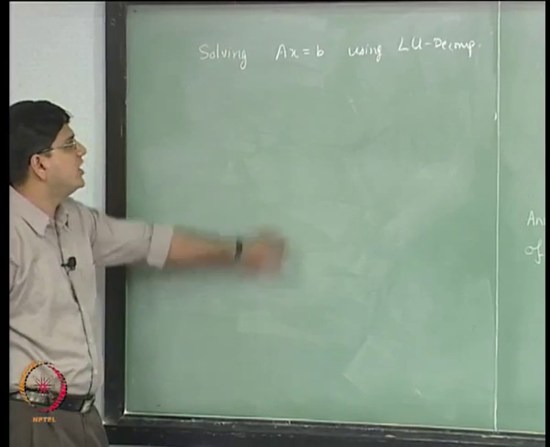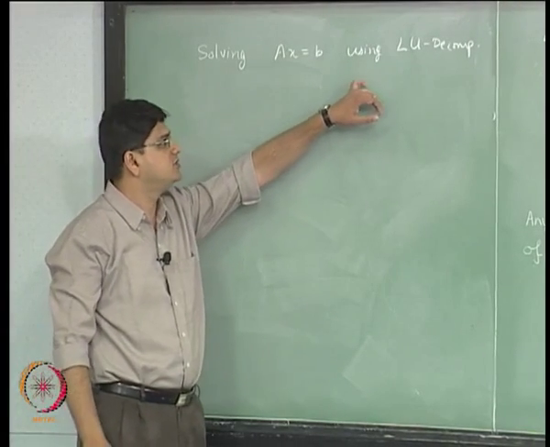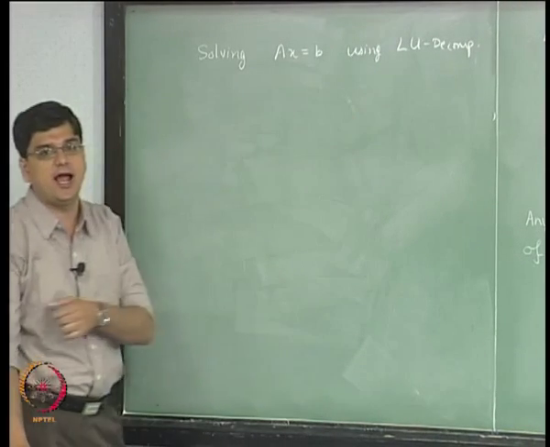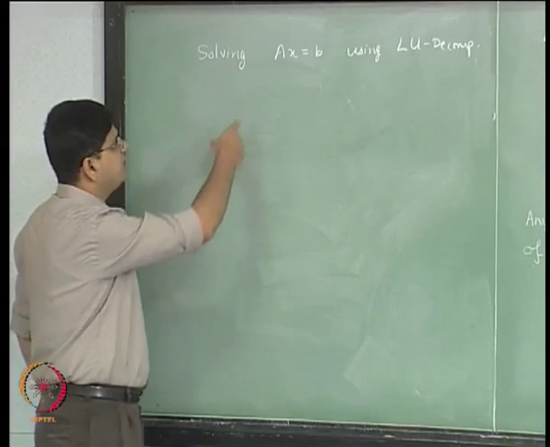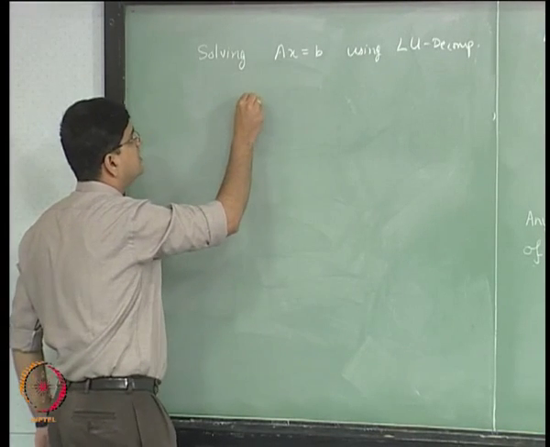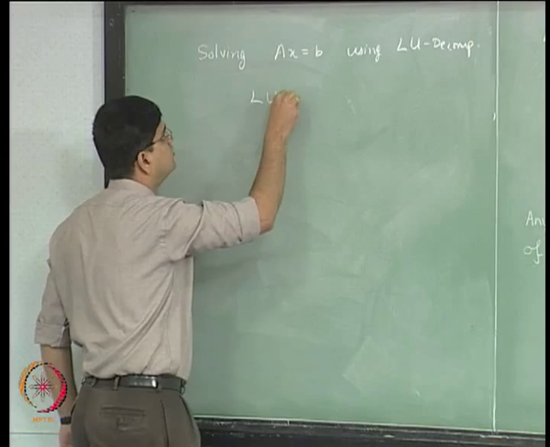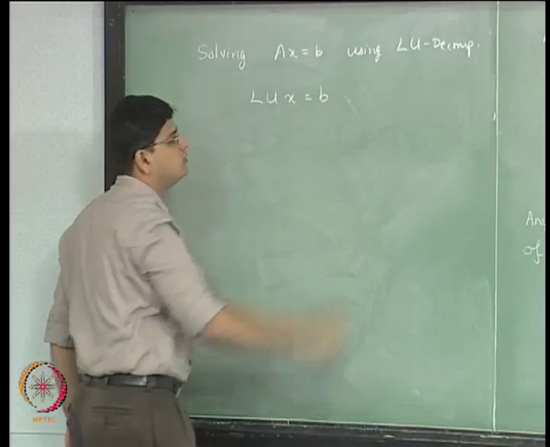Okay. So, if we have performed the LU decomposition and obtained the matrix L and the matrix U, we will be able to write this particular equation as LU x equal to b.